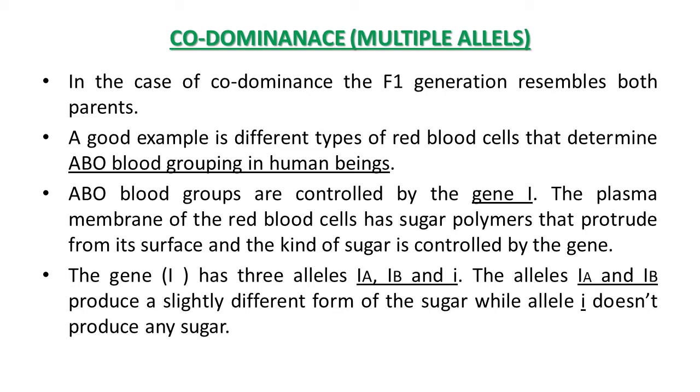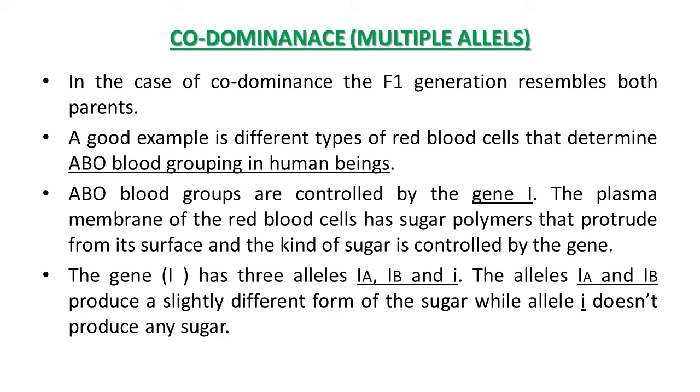This ABO blood group is controlled by the gene that is known as capital I. The plasma membrane of the red blood cell has sugar polymers that protrude from its surface, and the kind of sugar is controlled by the gene. Actually, this gene capital I has three types of alleles: capital IA, capital IB and small i.